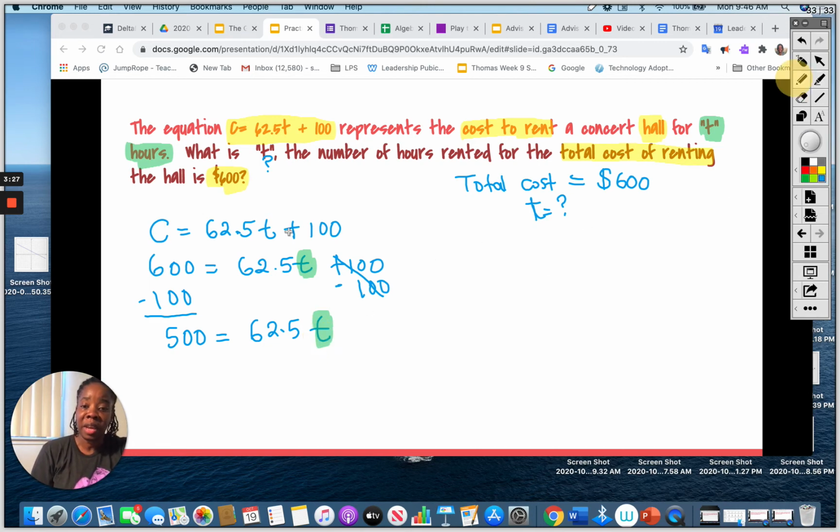And then when I think about what is happening with the 62.5 and T, what operation connects them, that is multiplication. The inverse of multiplication is division. So I'm going to have to divide both sides of my equation by 62.5.